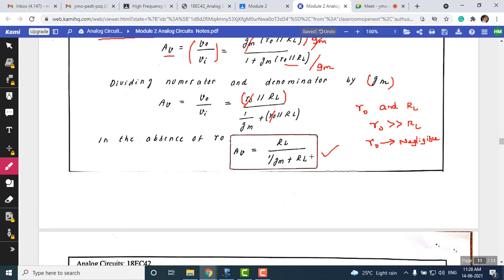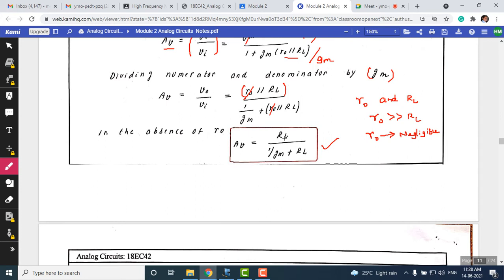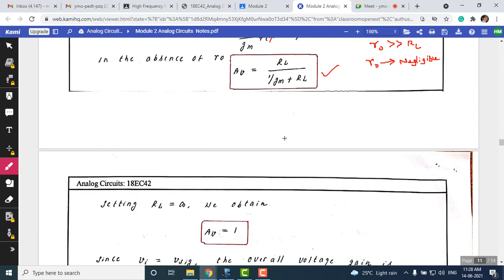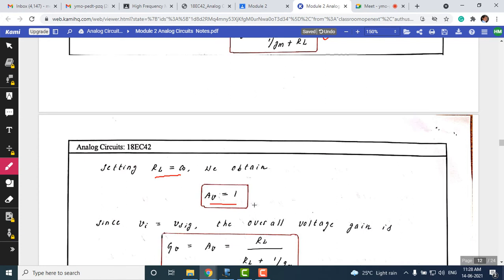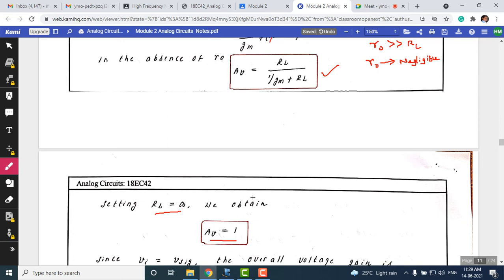Also you can see that once we set RL as infinity, or assume RL is a very large value, what will happen to this equation? When the load resistance becomes very large, the amplifier voltage gain becomes unity. AV becomes 1 because RL goes away and the denominator also becomes 1, so you are left with AV equal to 1.